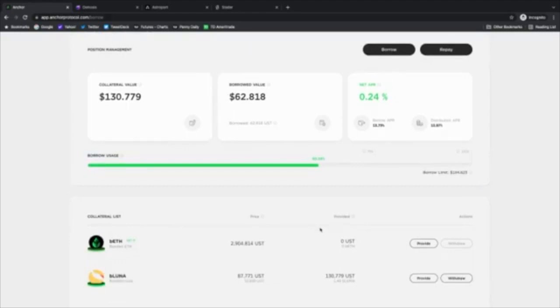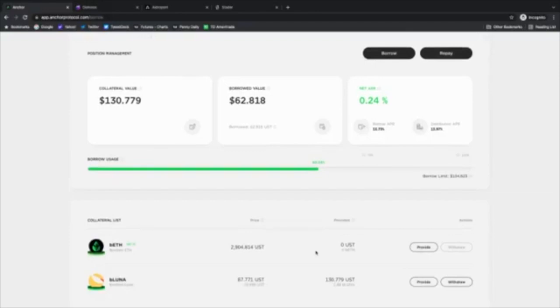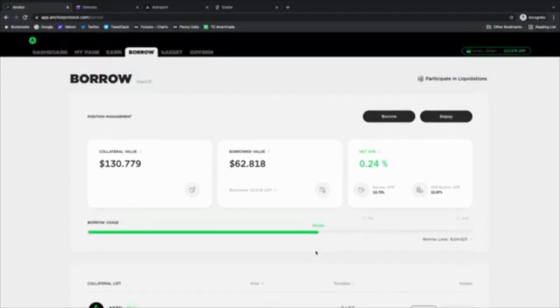Any bonded Luna that's sitting as collateral in Anchor, you give up your yield for the privilege to borrow. So that's what you're paying for, and that actually reduces the actual cost to borrow as well, because you're paying into the system. So that's what's interesting about Anchor Protocol.